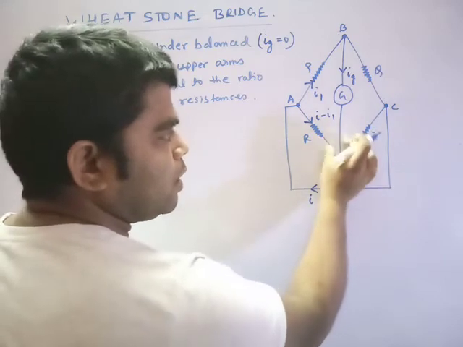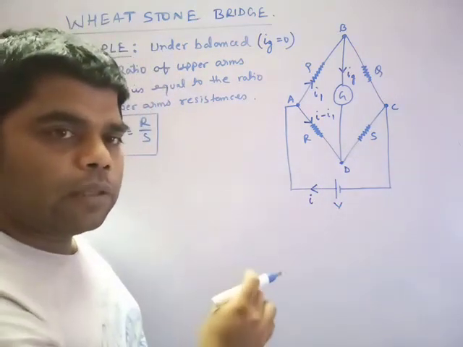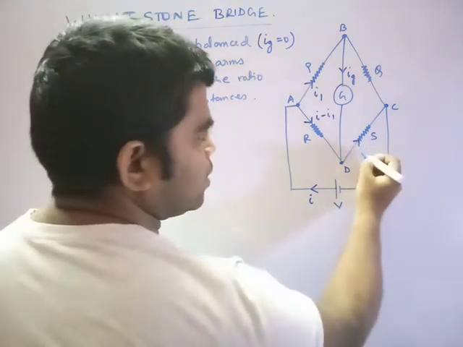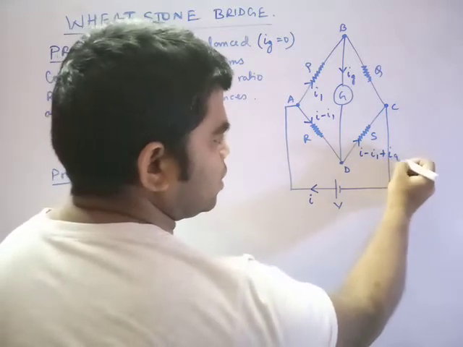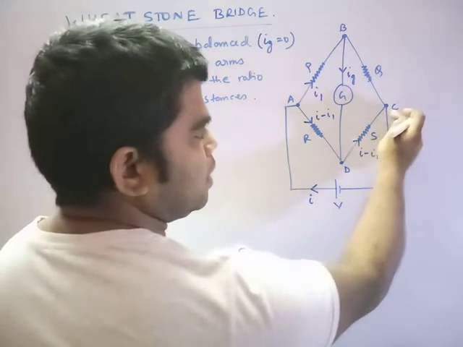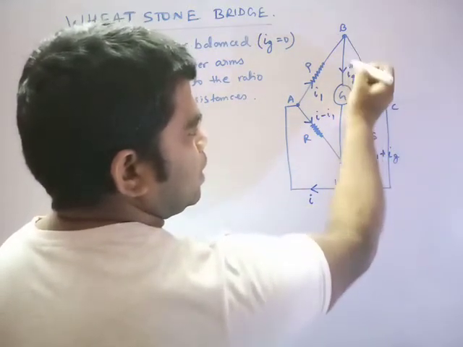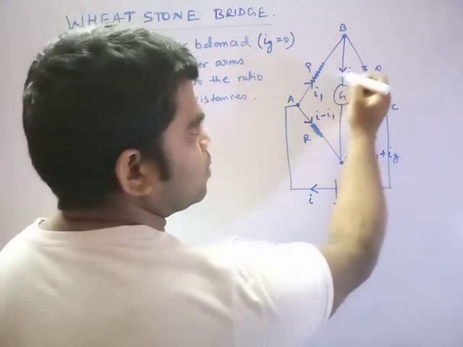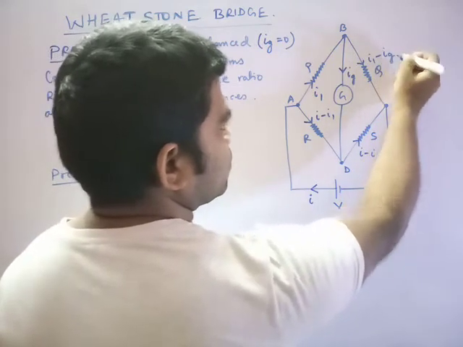According to Kirchhoff's first law, the junction law, I will add both currents. After addition I write I minus I1 plus Ig. This current reaches terminal C. From this terminal, if Ig is the current passed from here, then the total current is I1, so I write I1 minus Ig.